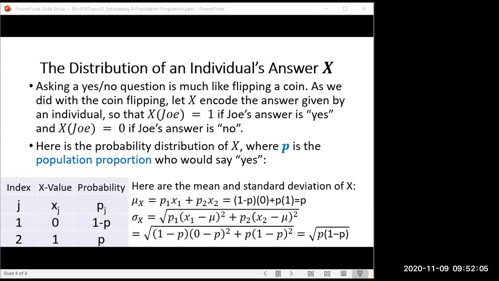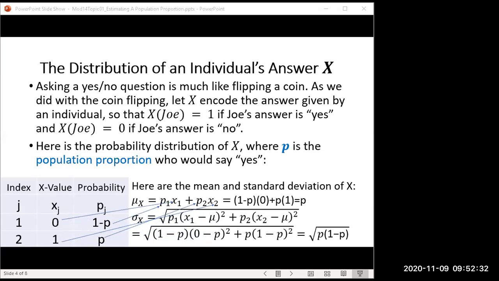And we need to plug in the values of those. So x1 is 0, and p1 is 1 minus p, and x2 is 1, and p2 is just p.